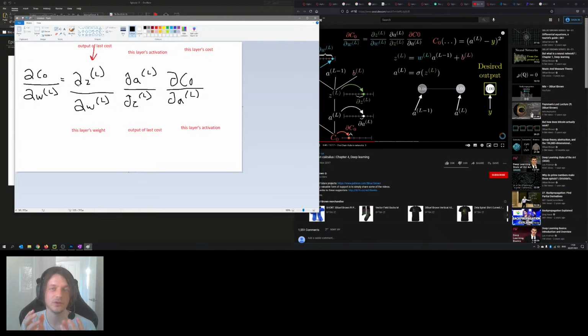Okay, wow. It equals the change in the output of the last cost function, which is proportional. No, it's a ratio of this layer's weight. So the last cost is divided by, because it's a ratio from the last output of the cost function. No, I see.